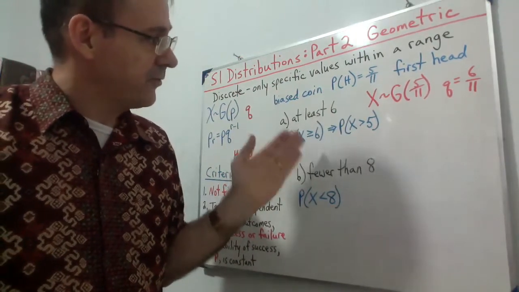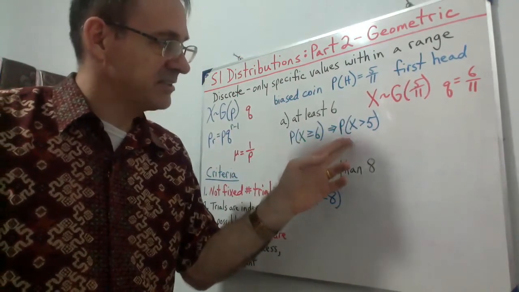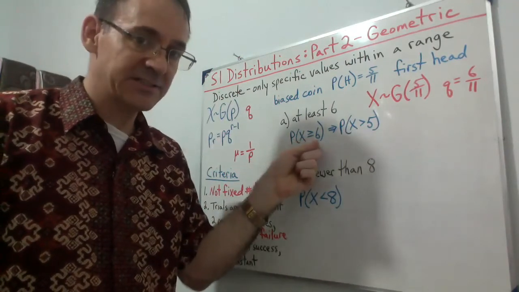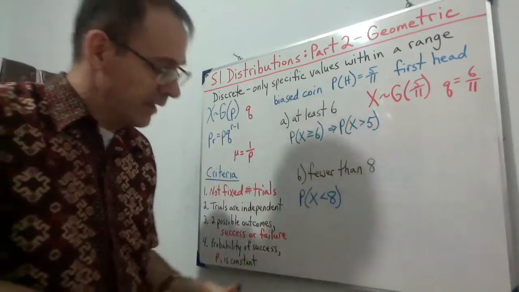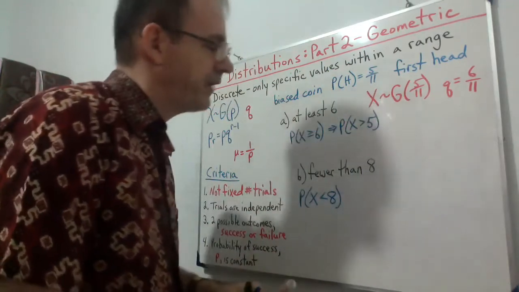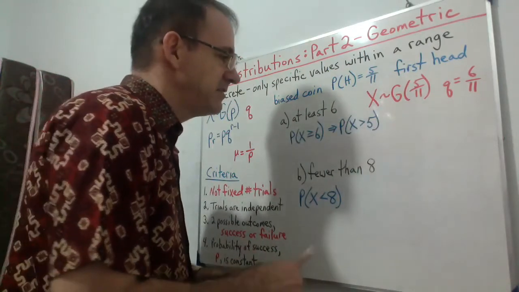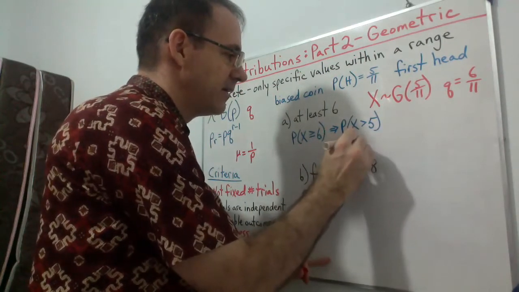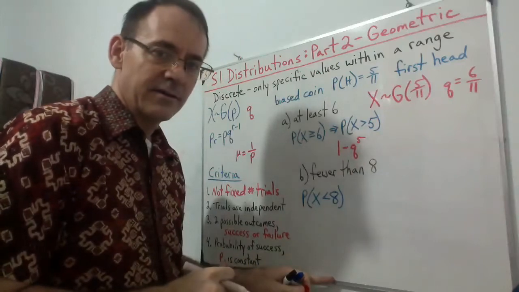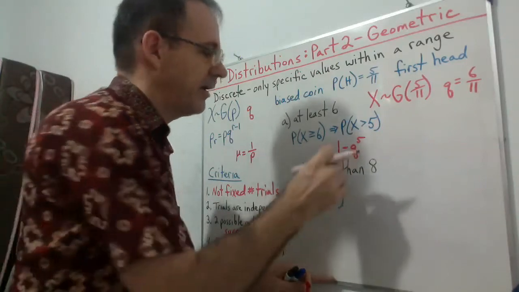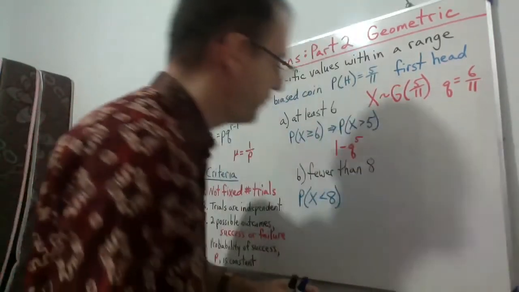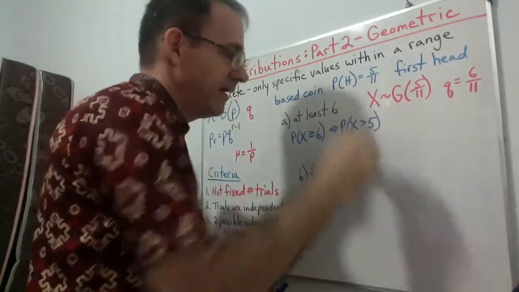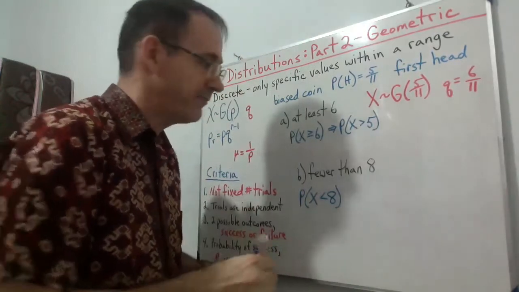So if our success has to be after 5, meaning it could be in 6 or 7 or 8 or 9, then that means we have to fail at least 5 times.